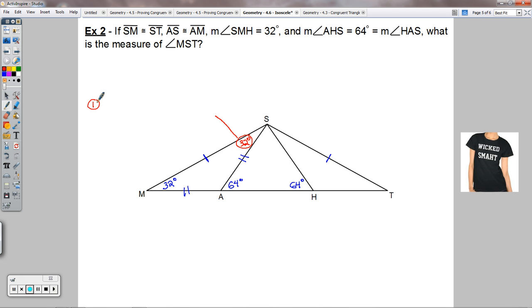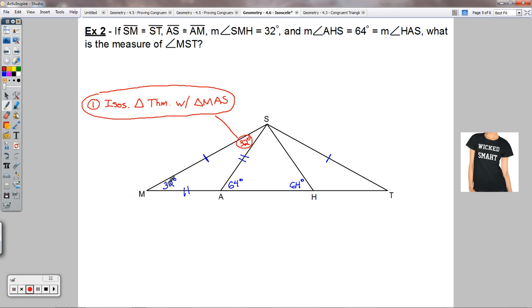I'm going to put a little 1 next to this, saying that was the first thing that I found out. I could have gone and found something else that was true. There's going to be another or other logical ways to do this problem, but this is just the way I'm seeing it first. So we use the isosceles triangle theorem with, you can write W/ as shorthand for with, triangle MAS. So that's where that 32 degrees came from right there.